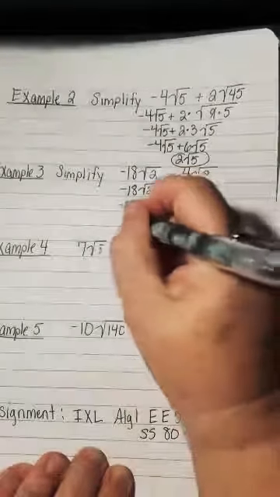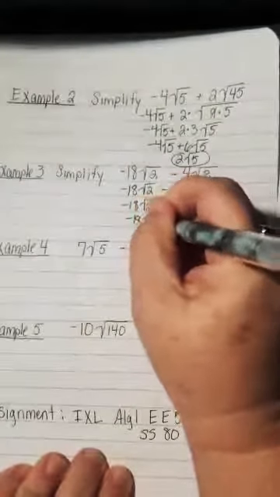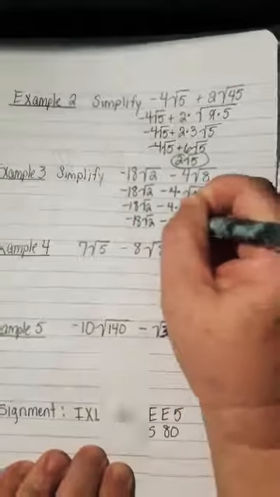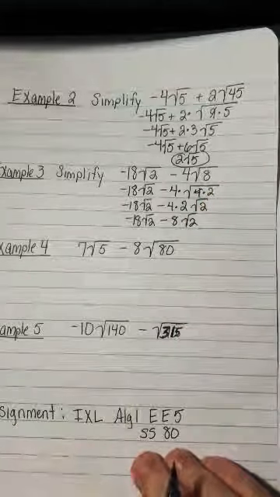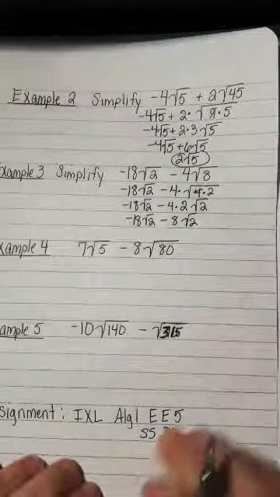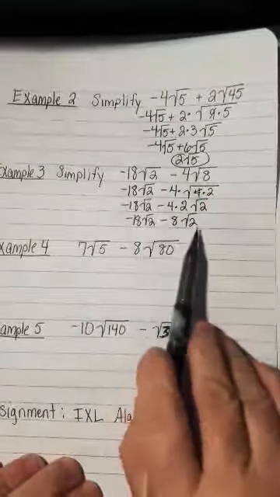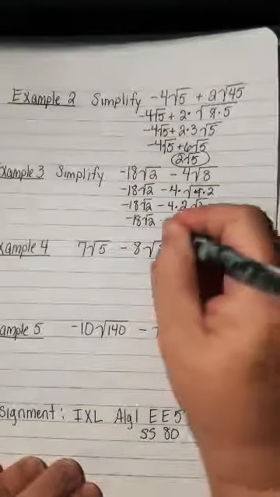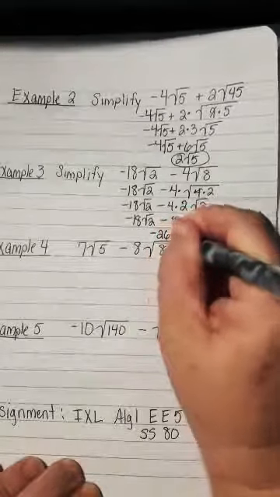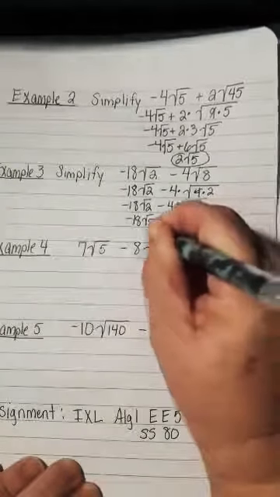So now you have negative 18 on the square root of 2 minus 8 on the square root of 2. Okay, so now the numbers under the square root match. So you just add negative 18 and negative 8, and you get negative 26 on the square root of 2.